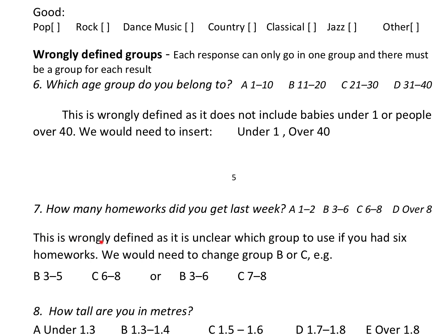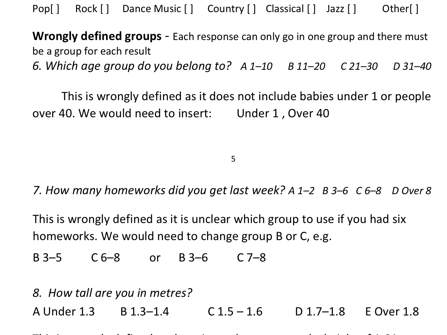So this is wrongly defined as it is unclear which group to use if you had 6 homeworks, which is what I said. We would need to change group B or alternatively change group C. So you could do 3 to 5 for B and 6 to 8 for C, or 3 to 6 for B and 7 to 8 for C. Probably this one better.